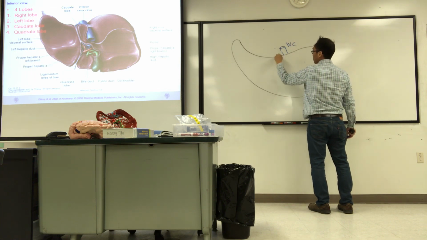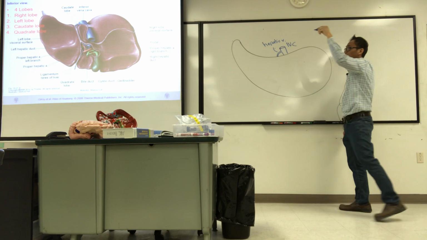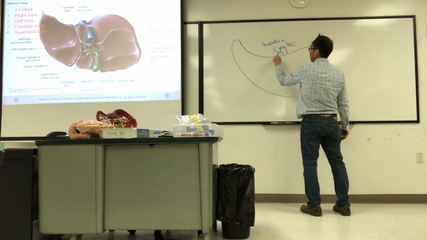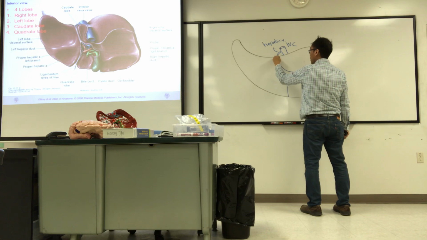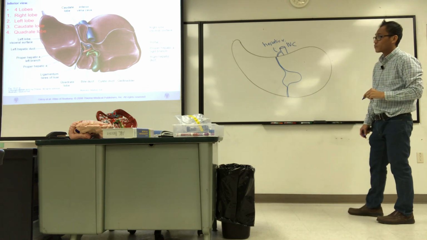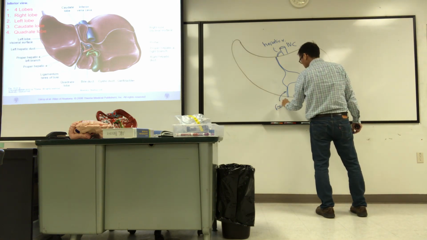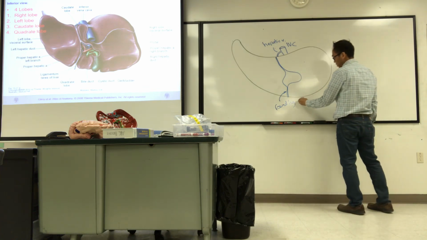And then you have a blood vessel going into it, the hepatic vein. That's the round ligament. You have this big opening there. It's called the doorway to the liver, the porta hepatis.